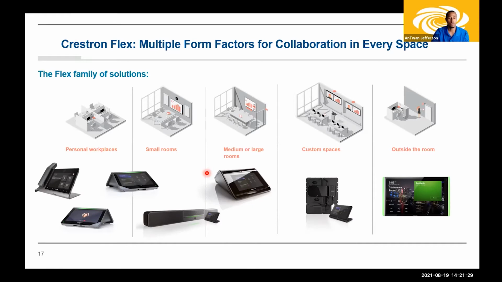The medium to larger rooms, you also have the ability for 6 to 12 people, no more than 20 feet from the display. In those spaces, you're going to utilize your tabletop Mercury kit or your soundbar with the Teams room system as well. Custom spaces are more of your training rooms, your divisible spaces, things like that. All of your custom integrated spaces where you're going to have 12 or more people. The size is going to be determined by the use of the space.